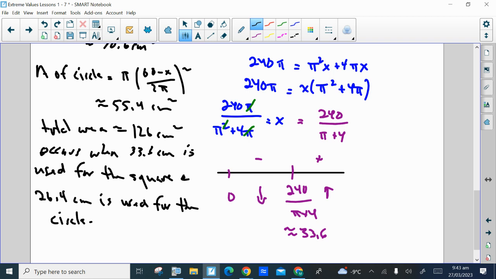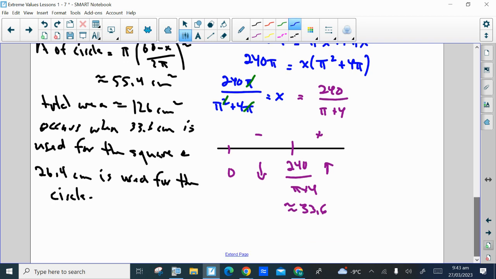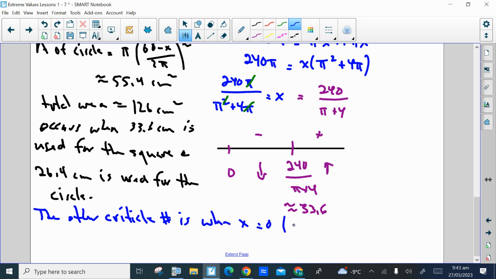So our other critical number will be again when x equals 0, which means none of it is used for the square. It's all used for the circle. So the other critical number is when x equals 0. In other words, the whole 60 centimeters is used for the circle.